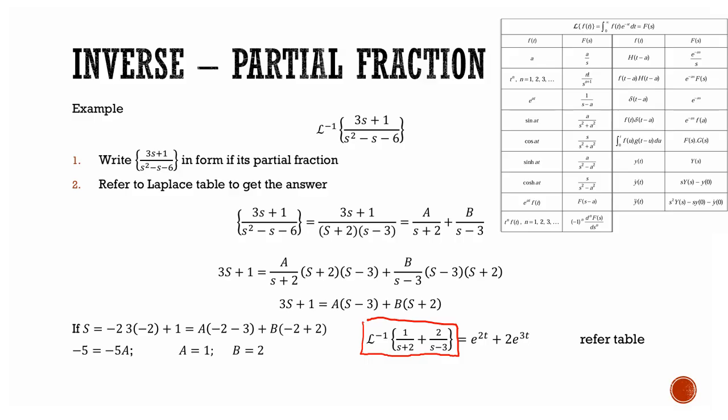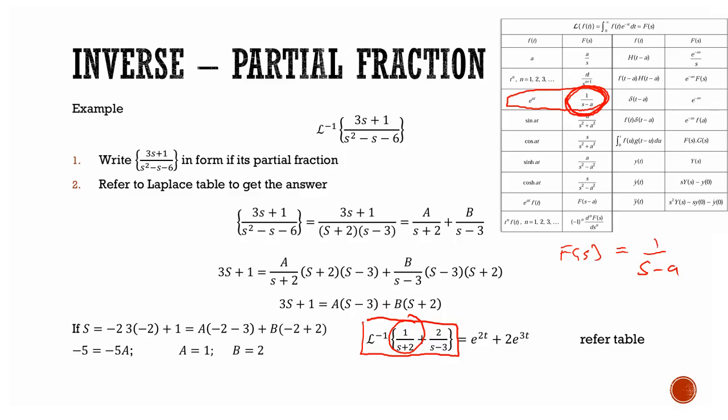As you can see, the inverse of 1 over (s plus 2) can be referred to as here. So we take a look at this part. This is similar to this one. However, this Laplace function is in terms of 1 divided by (s minus a).